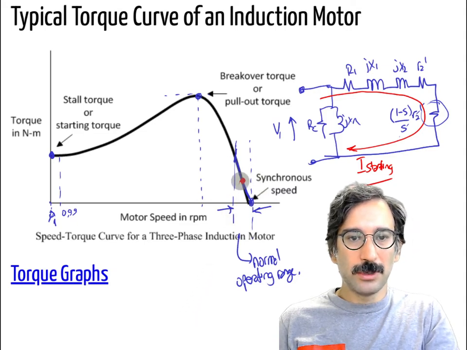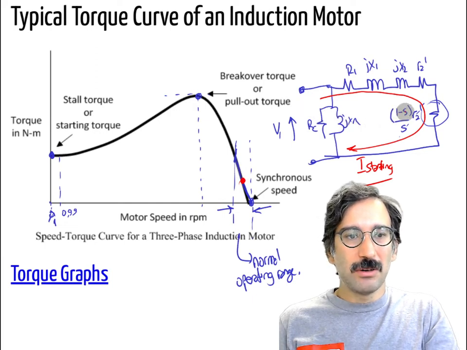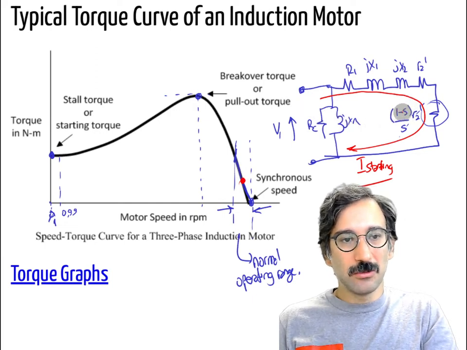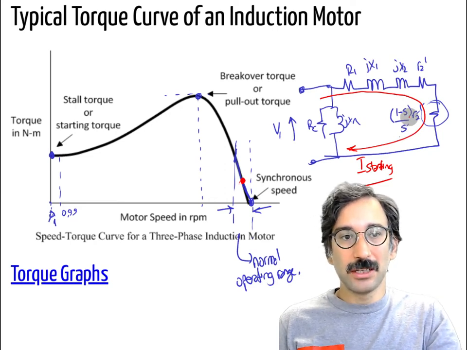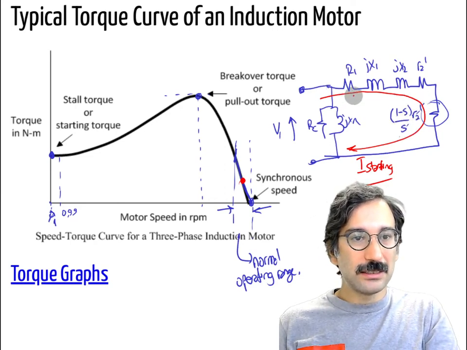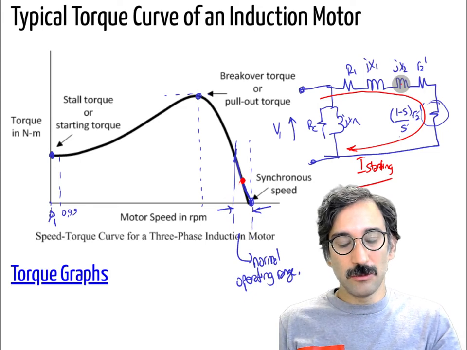Because in normal operation, let's say slip is 0.05, then it is 1 minus 0.05, around 1, divided by 0.05, so it's as if it's multiplied by 20. That equivalent impedance increases, so the current gets smaller and smaller.